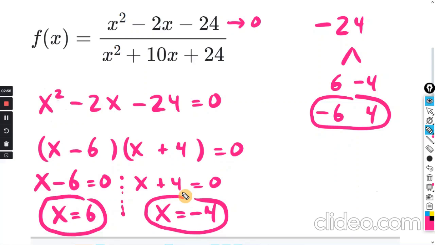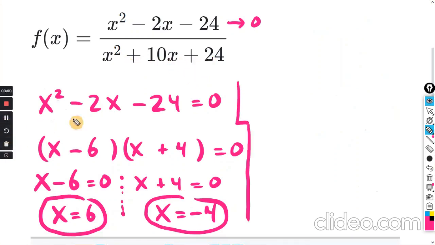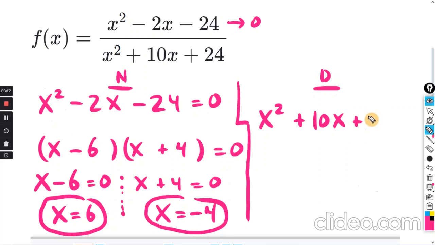All right, and now I am going to do the denominator. So this here was the numerator, and over here, I'm going to set the denominator equal to 0. So x squared plus 10x plus 24. We need two numbers that multiply to 24 and add to 10.